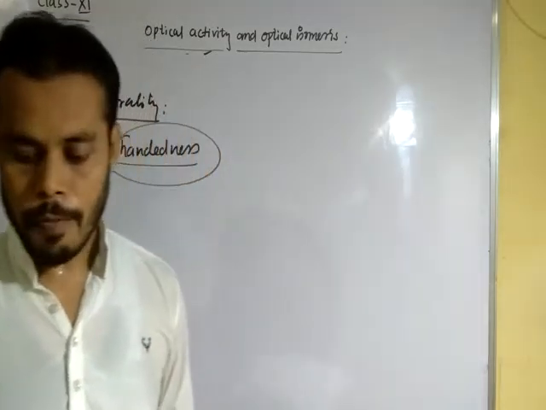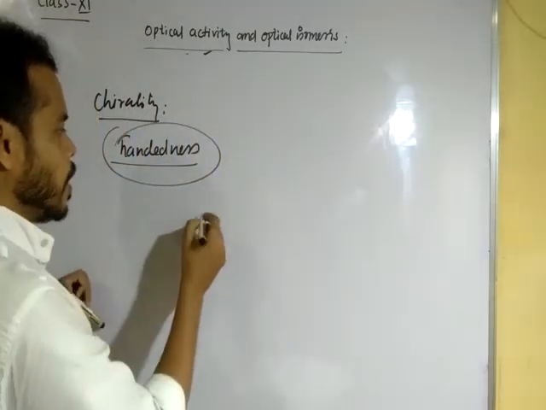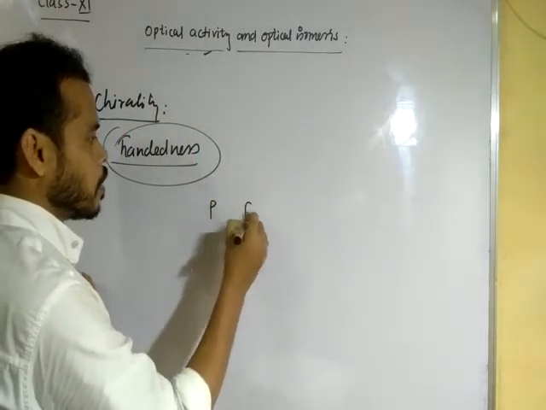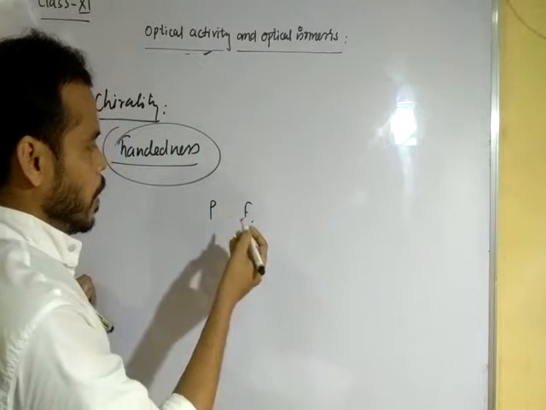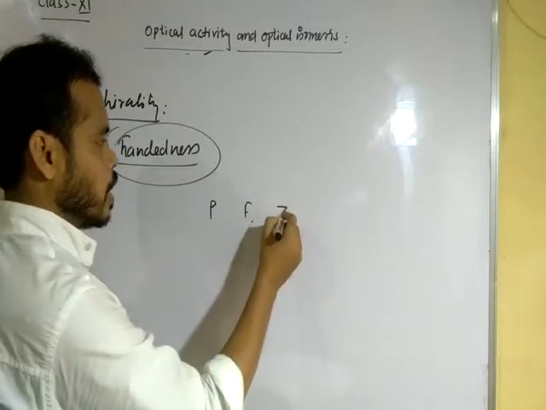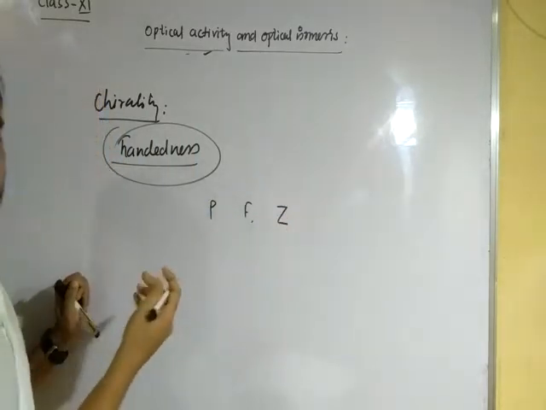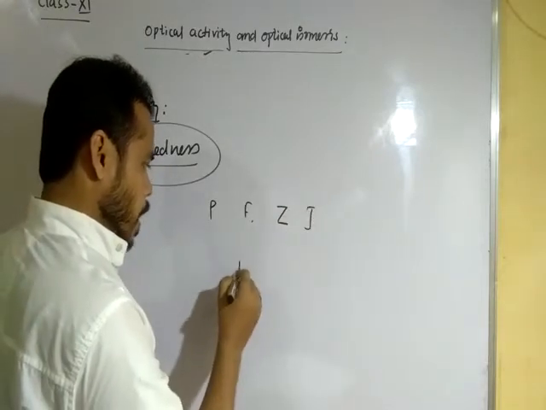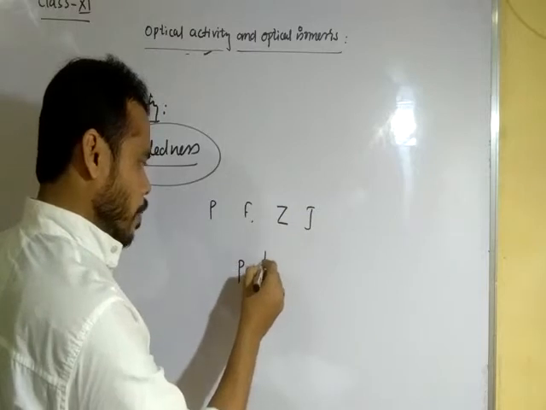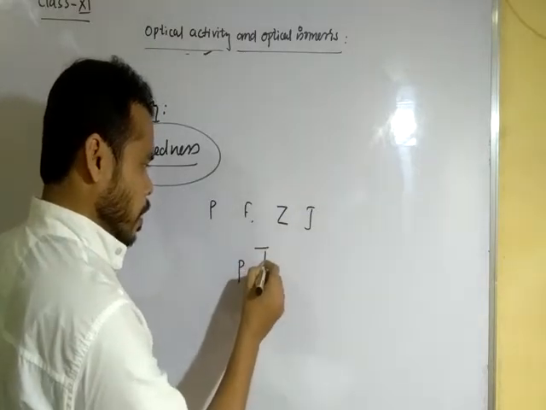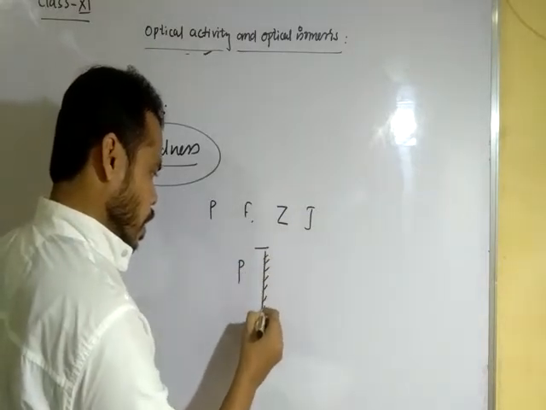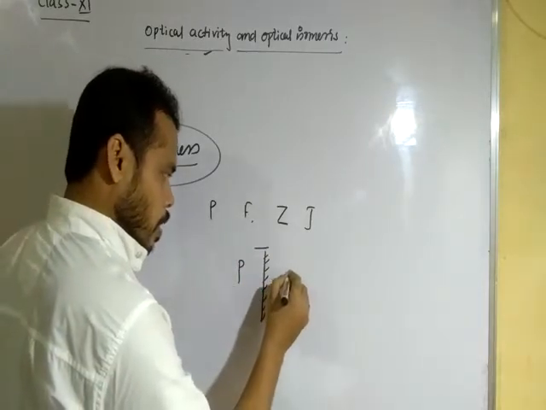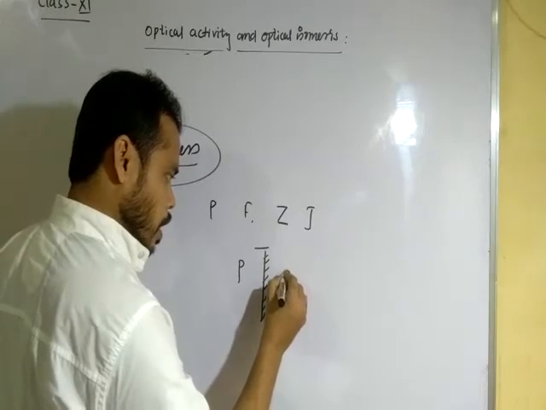Suppose we have some alphabetical letters like P, F, Z, J. Suppose we have P and a mirror kept here, the reflection should look like this.